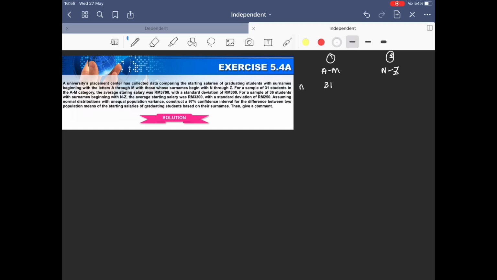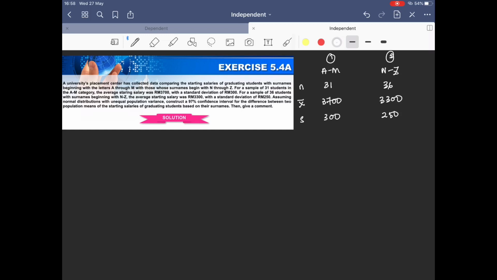The average starting salary, average is X bar, is 3,700 with a standard deviation of 300. For N through Z, the sample size is 36, the average is 3,300 and the standard deviation is 250.